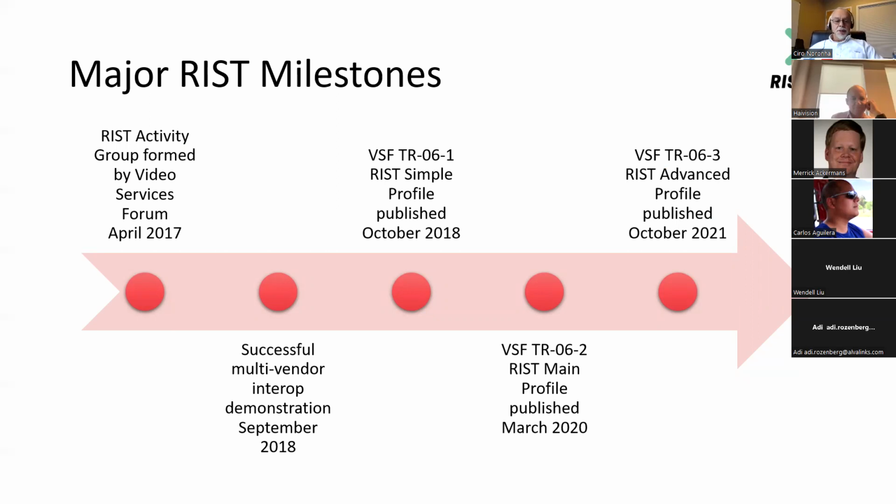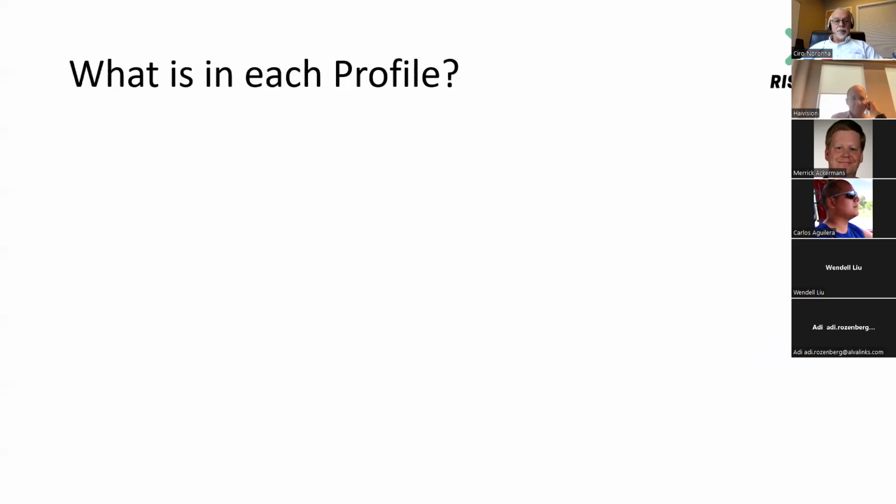So we worked on it for a year, and we had the first successful interop demonstration in September 2018. There was an earlier one, but it wasn't open. RIST Simple Profile came out in October of 2018. Main Profile came out in March of 2020, and Advanced Profile was published about a year ago, in October of 2021. So those are the major milestones.